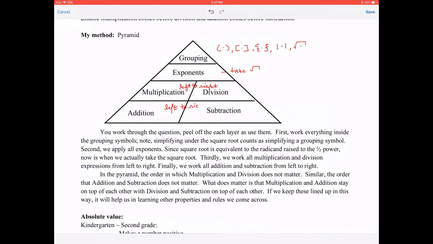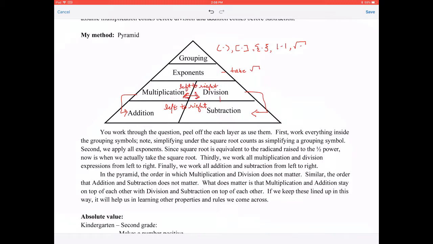Now, the only thing about my pyramid that you have to do is multiplication has to be on top of addition, and division has to be on top of subtraction. But you can move division to be first, or multiplication to be first. You can move within the pyramid, you can move these across, okay?